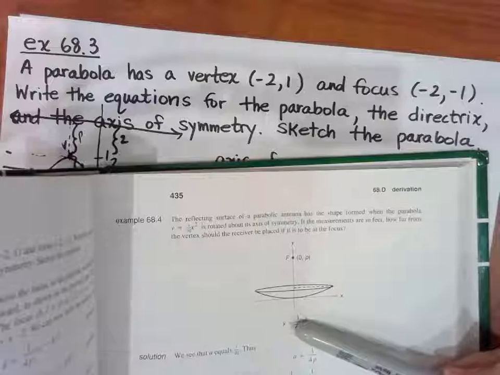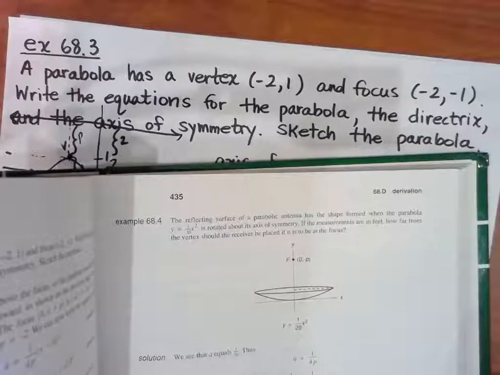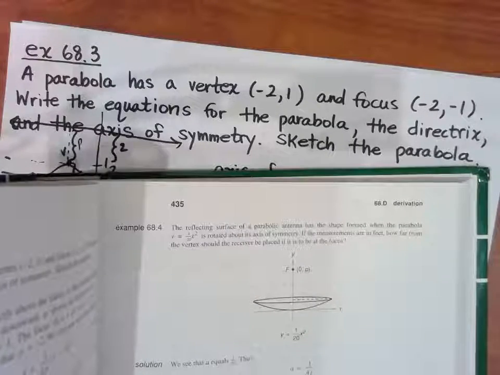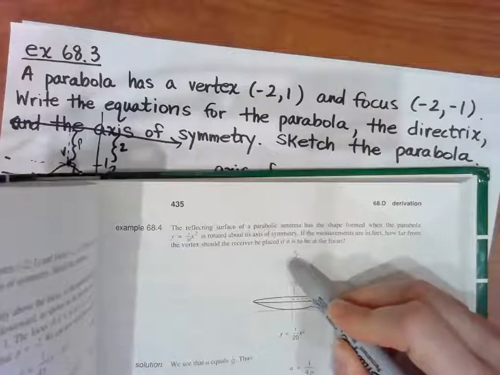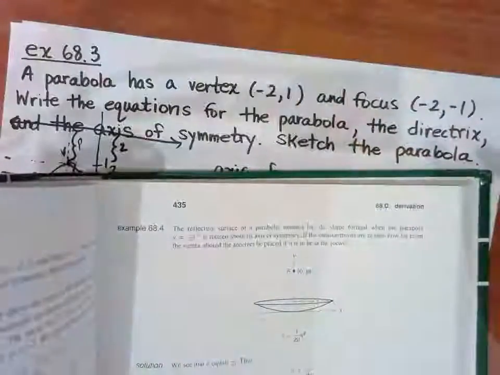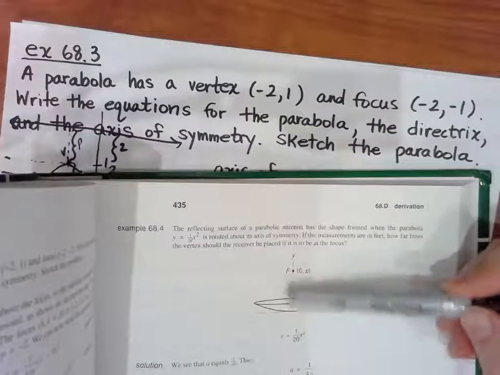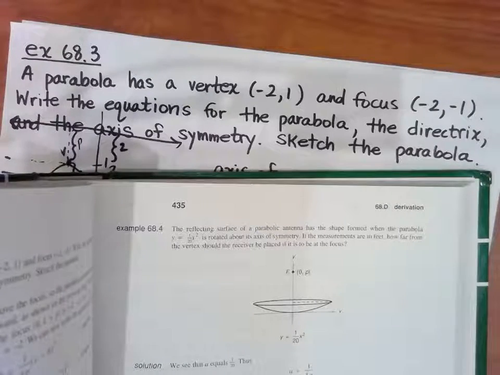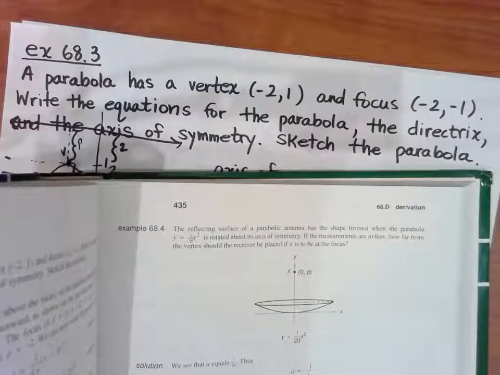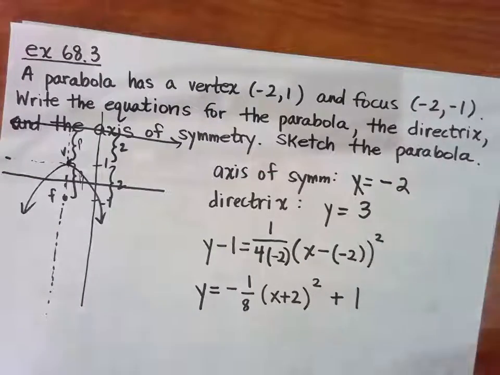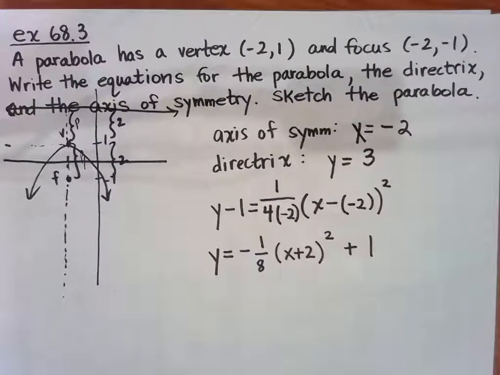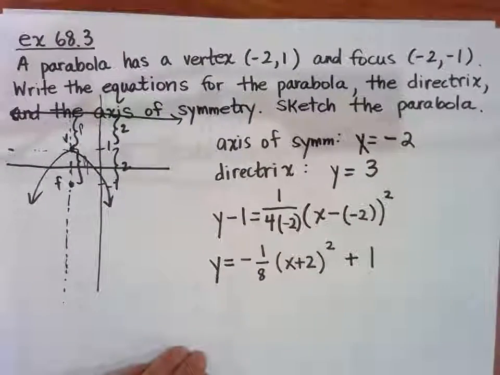Well, that 1/20th is the 1 over 4p. So if 1/20th is 1 over 4p, that means p must be 5. So that means the focus has to be 5 feet, or meters, whatever it was, away in order for this dish or this mirror to do its job correctly. So it isn't just a completely useless thing that nobody would care about. It actually would be used in reality. All right, so enjoy those problems.